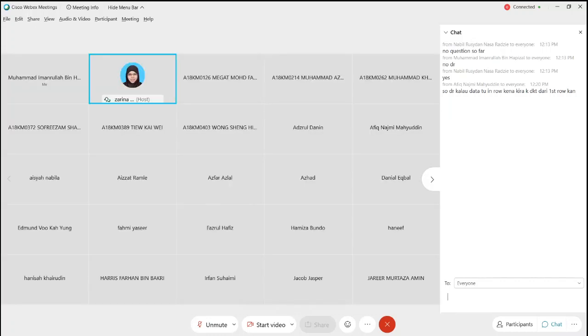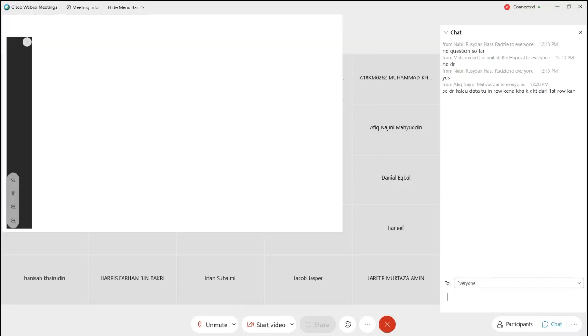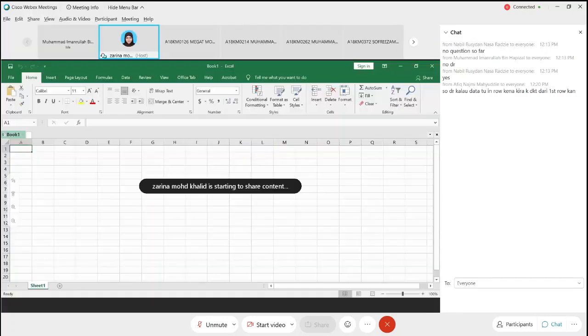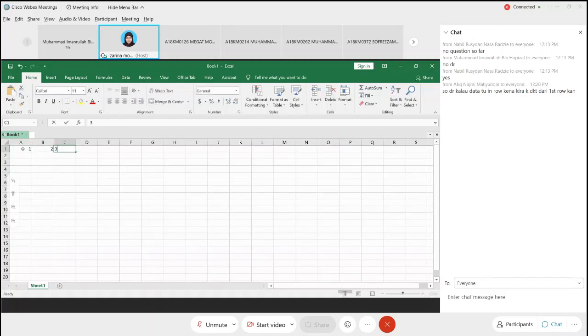I share my Excel environment. Usually you have it like this, supposedly 1, 2, 3, 4, and then you have values, whatever values that you have.